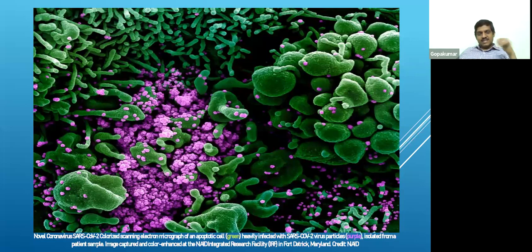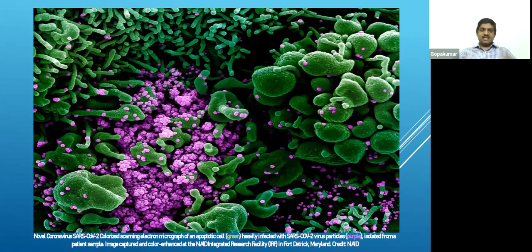So I think again this is a very beautiful image that I have got from the internet. Okay, here you can see that the green are the normal cells, and the purple color is the coronavirus particles.